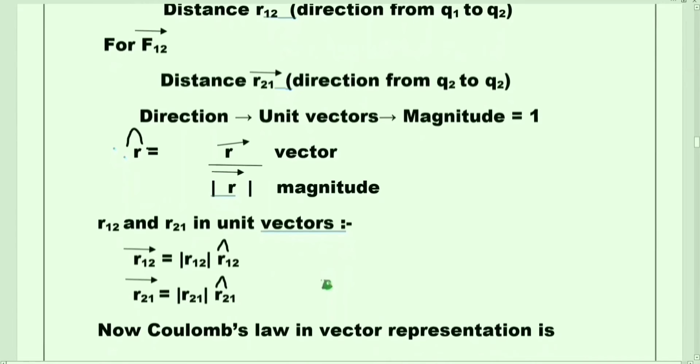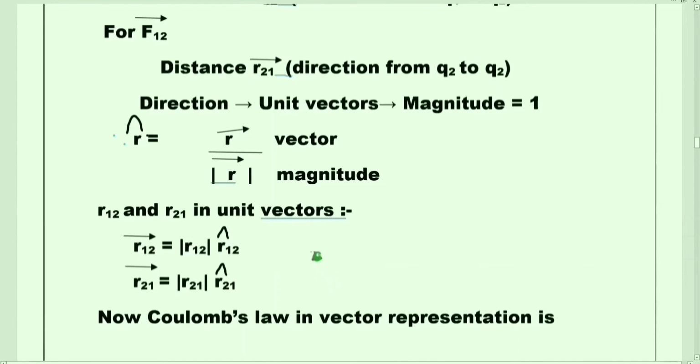For F21 vector, R12 vector is equal to magnitude of R12 into R12 unit vector.